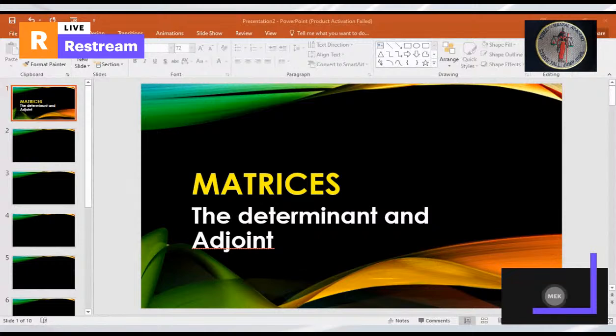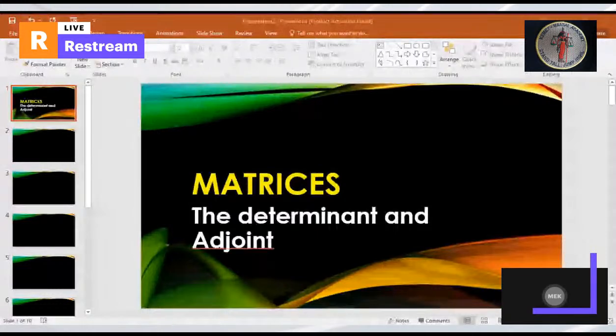And we're going to start off with the determinant. Work some examples of that. Maybe let's say we can work about 6 examples of each, and then we go on to the adjoint and work about 6 examples of that, right?